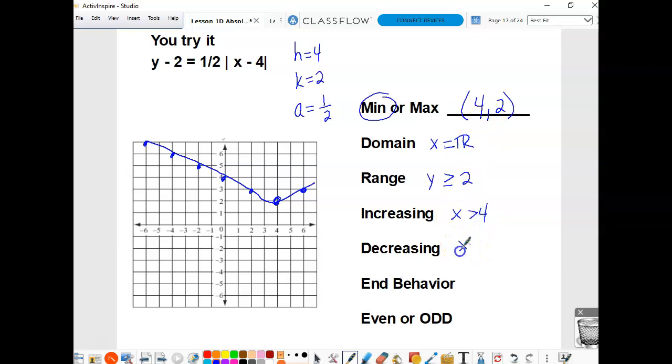It's decreasing where x is less than 4. The end behavior, as x approaches infinity, y approaches infinity, and as x approaches negative infinity, y approaches positive infinity. And it is neither odd or even.